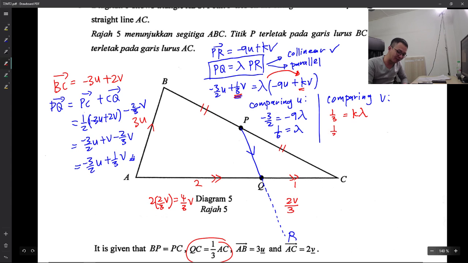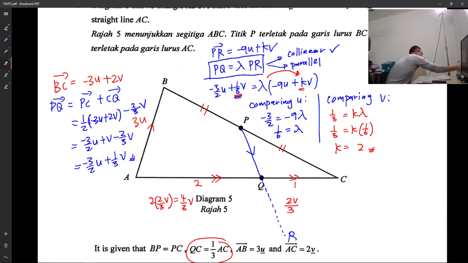And I just got my lambda, right? Lambda will be 1 over 6. So my K equals 2. Okay, so I hope you can get the idea how to get the K value. So yeah, this is how we do the K value.